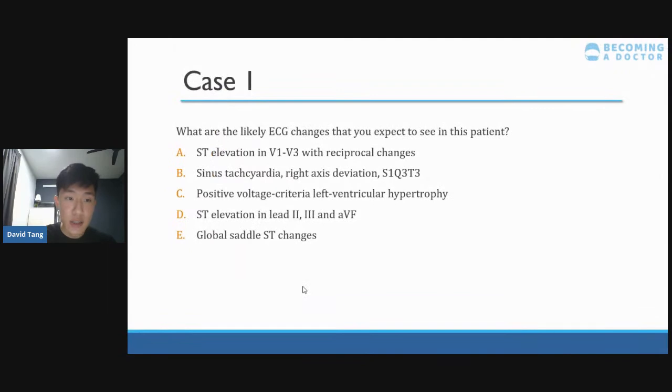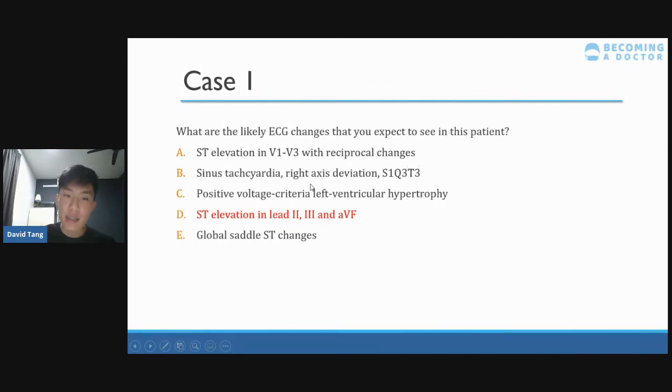Right, the answer is actually ST elevation in leads 2, 3, and aVF. For those of you who are familiar with ECG changes, I'm aware that some of you might be starting a clinical year and might not be so familiar with ECGs. ST elevation means basically the patient has an ischemic event. In V1 to V3 with reciprocal changes, this would signify an anterior myocardial infarction.